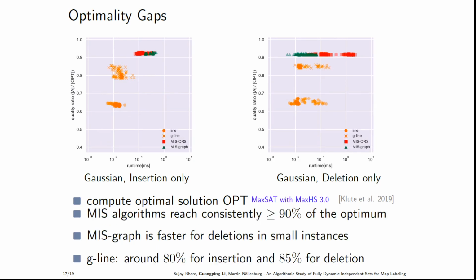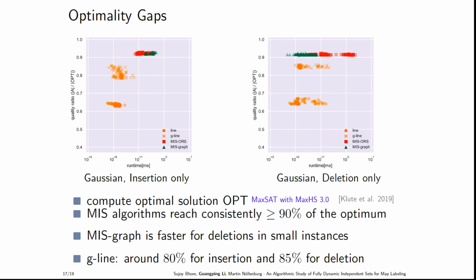MIS algorithms reach consistently about 90% of the optimum. And this MIS graph approach performs faster deletion on small instances with small vertex degrees. The greedy line is competing well, reaches 80% of the optimum, and is about 1 order of magnitude faster than the MIS algorithms.